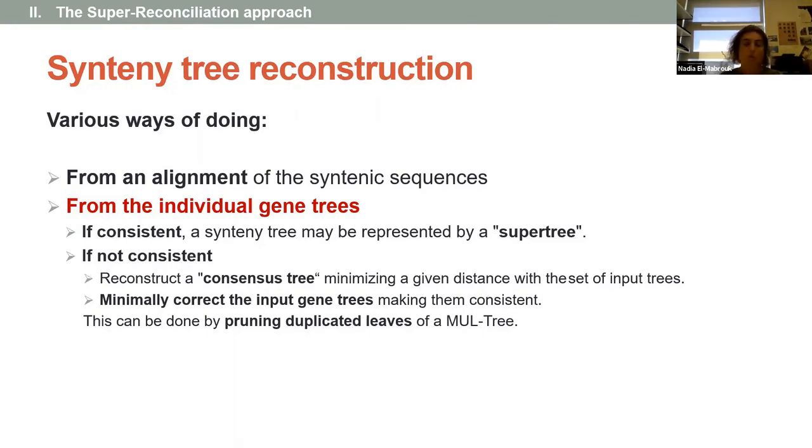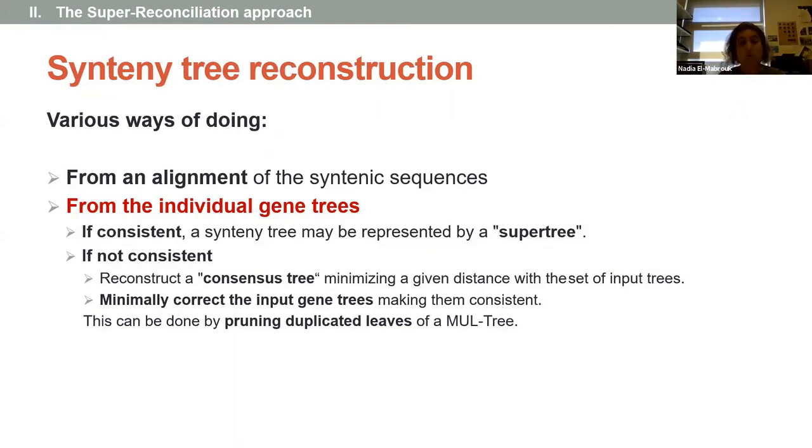This can be done in many ways. We can align the syntenies themselves. By doing that, the specificity of each gene family is ignored, in addition to being unsuitable in case of gene rearrangements that would obscure the alignment of syntenies.